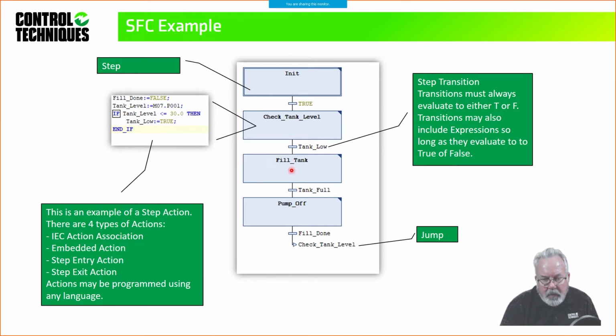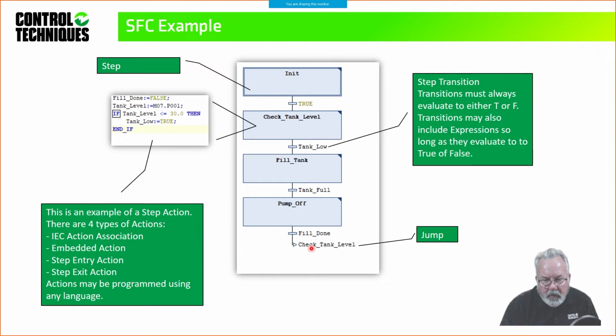So as I step through the steps, and once tank full is true, I'll go to the pump off step, which also has an action. And then when fill done is true, now we have a jump. So you see that little indicator there? That's a jump back to here in this case.